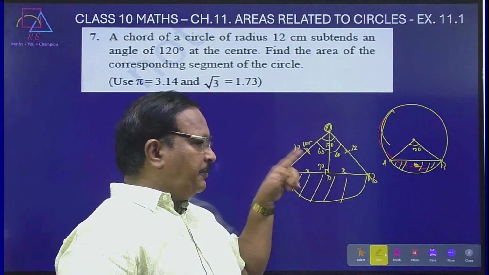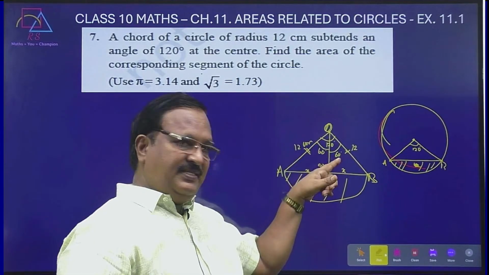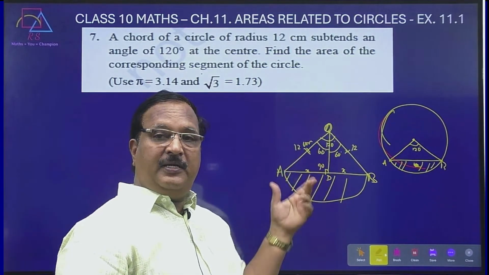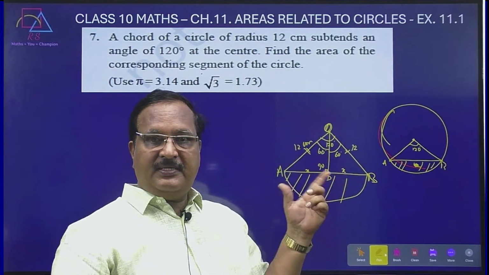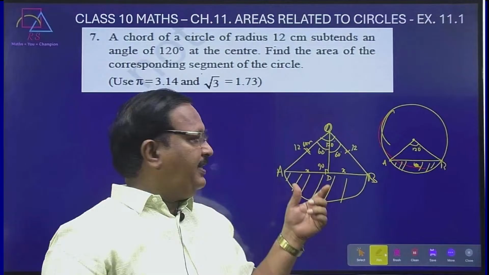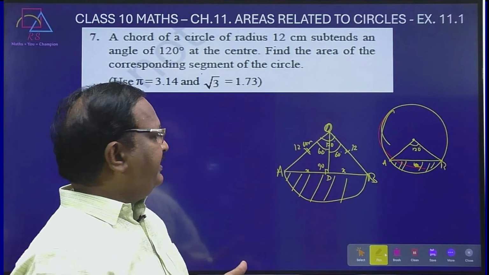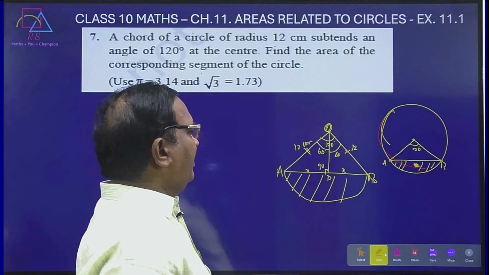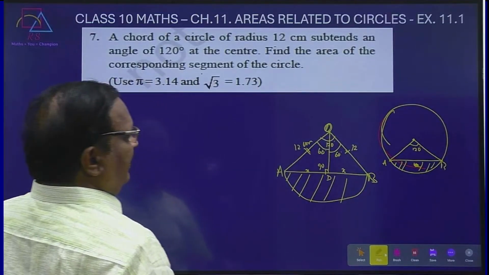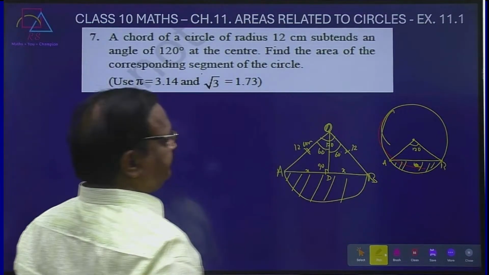The perpendicular divides the vertical angle 120 degrees into 60 and 60, and also bisects the base. We do not know the base, and base is needed to find the area of the triangle; otherwise you won't get this.